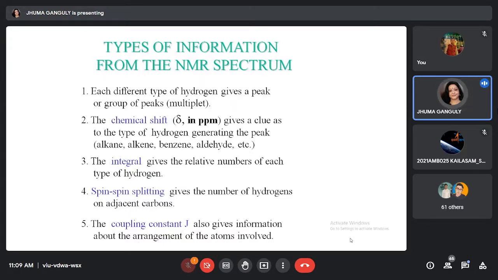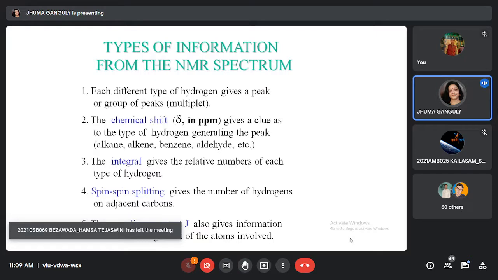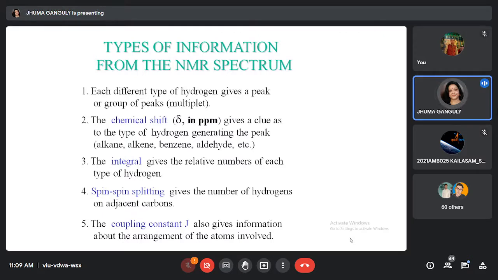The coupling constant, J in Hertz, is also very important and gives information about the arrangement of the atoms involved. Suppose you have an alkene, whether the protons are in cis or trans orientation can be understood from the coupling.